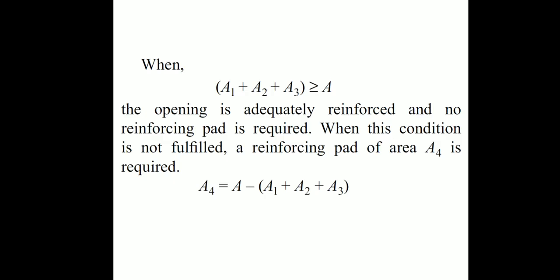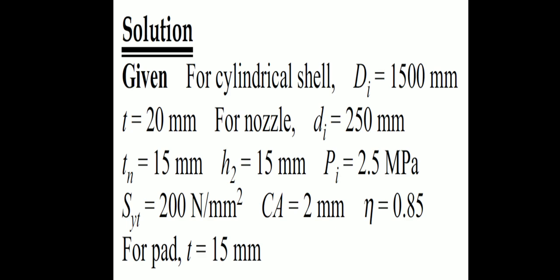But if the area removed is greater than the area added, we will require a reinforcing pad, and the area of that pad will be given by this equation: A4 equal to A minus (A1 plus A2 plus A3). So in the problem, this is the data that is given.